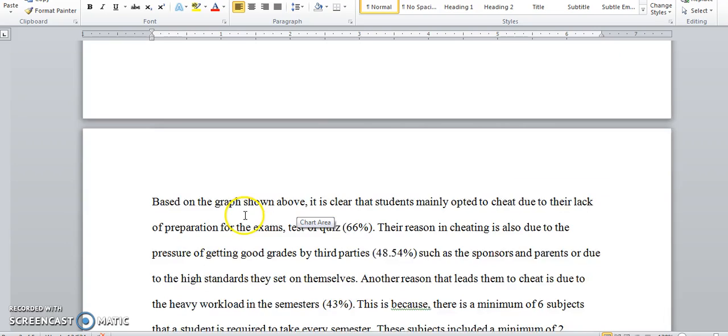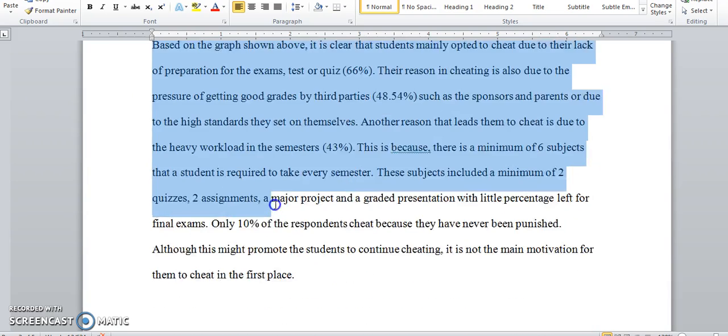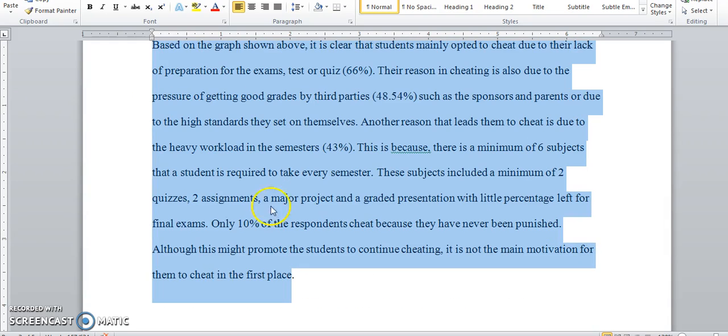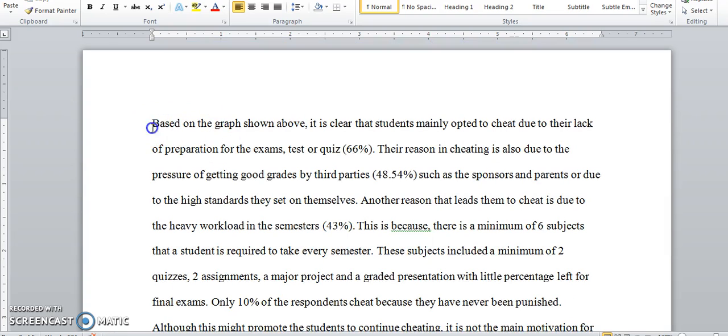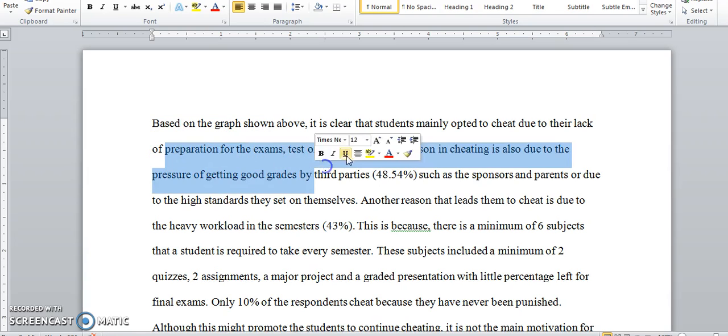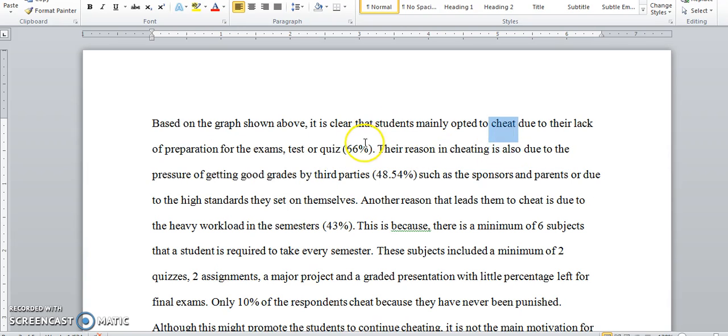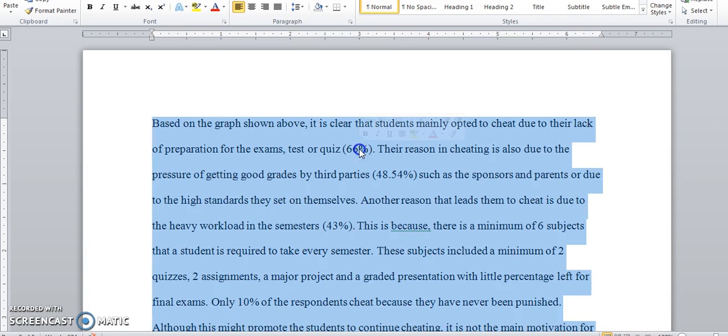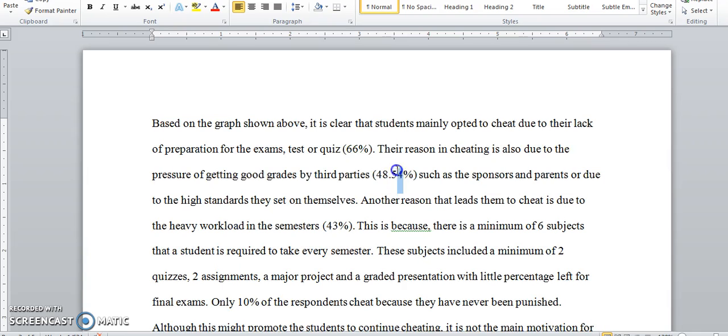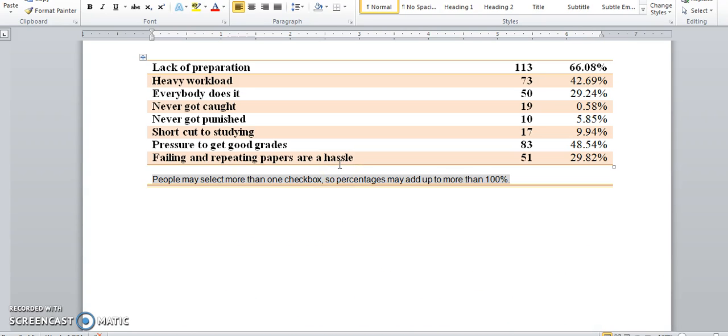So again, you will report it in a very short paragraph. And if you notice here, I used words like this, and then when I report the top 2 or top 3 reasons why, I'll also put here the percentage. See? The percentage and the percentage. I'll say preparation for exams or quiz, 66%.